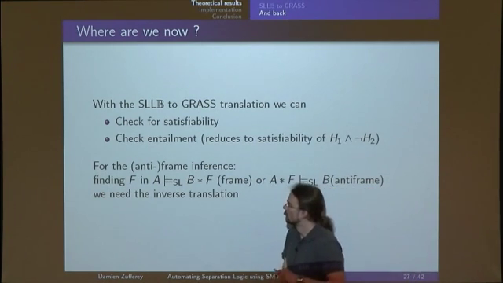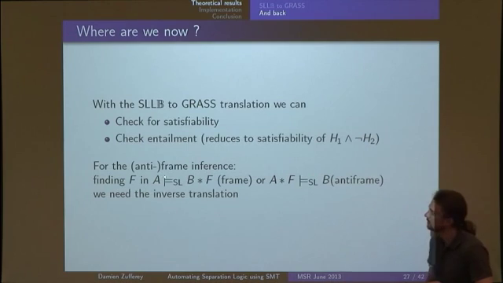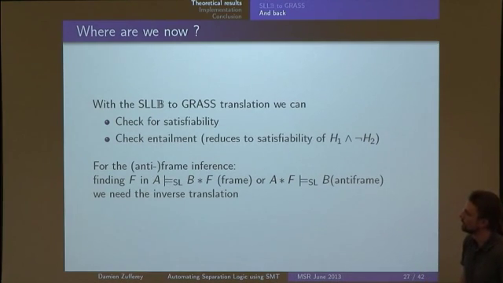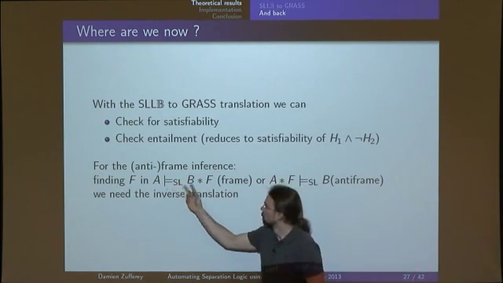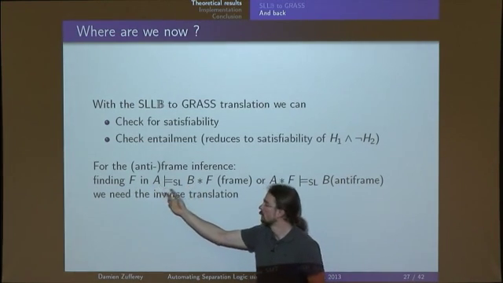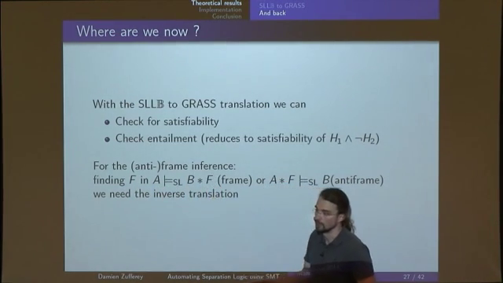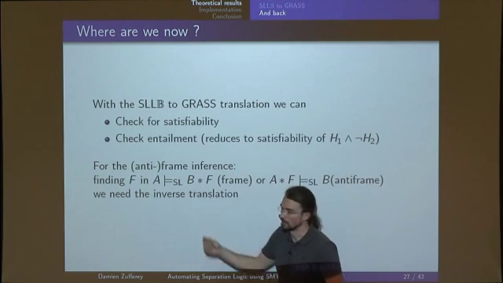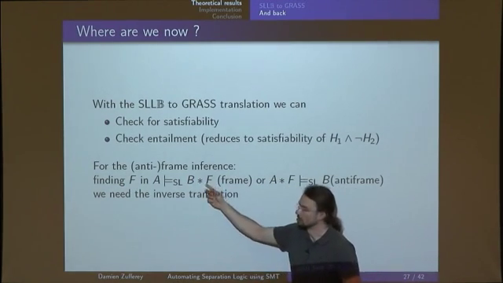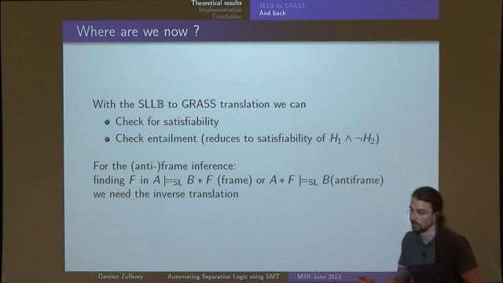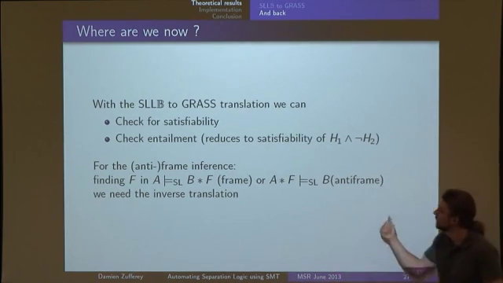If you have a formula F and formulas A and B, you need to find the frame. So you have the precondition of a method, you have the current state, and B will give you what will be touched by the method you are calling, but you need to figure out what is the part of the heap which is not going to be modified.